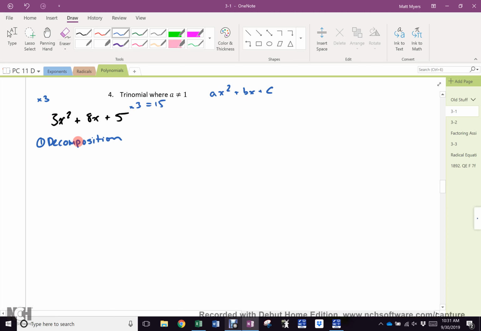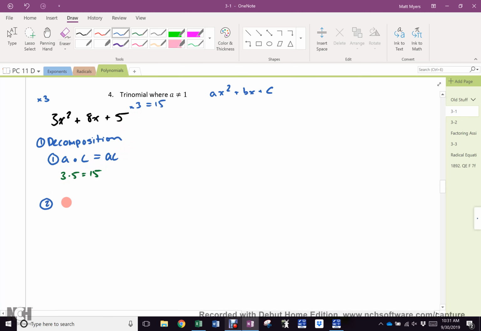All right? In decomposition, step 1 is you do A times C to get AC. So in this case, what will that be? 3 times 5 to get 15. That is step 1.